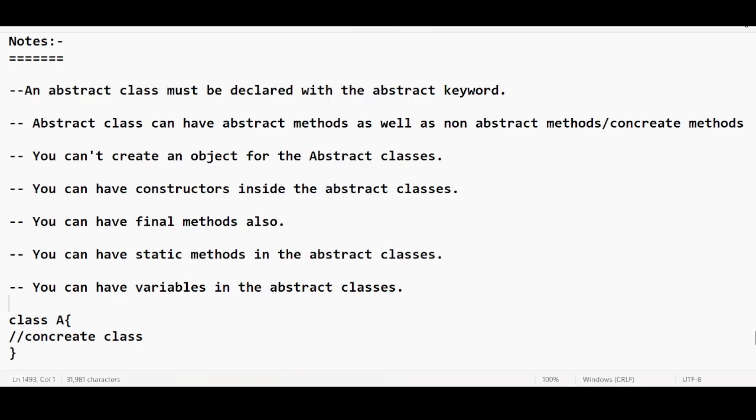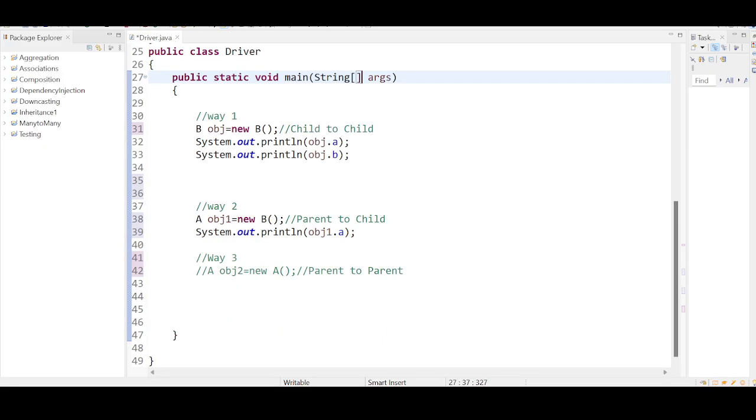So whenever you're dealing with an abstract class, you should remember, you can either create object like child to child, or like parent to child. As simple as that.